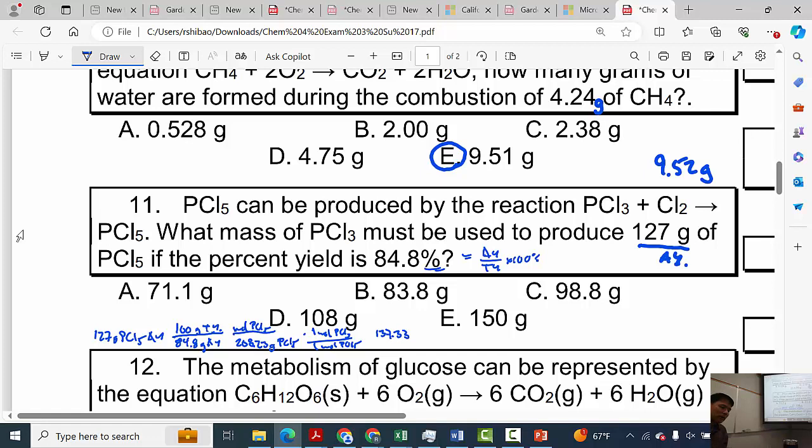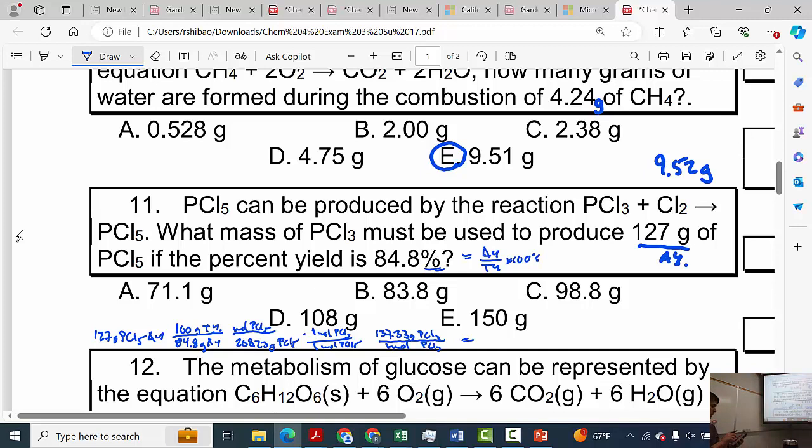So it's 30.98 plus 3 times 35.45, 137.33. PCl3 is phosphorus trichloride, making phosphorus pentachloride.